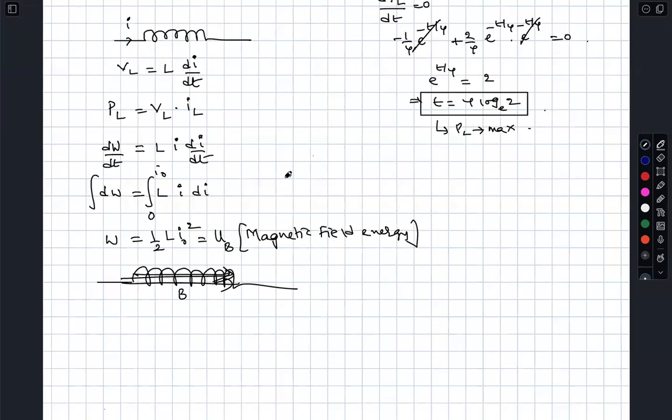Now the question is, any doubts? Again, I'm asking you, do you have any doubts on this? The higher the time constant, the slower is the rate of flow of current.